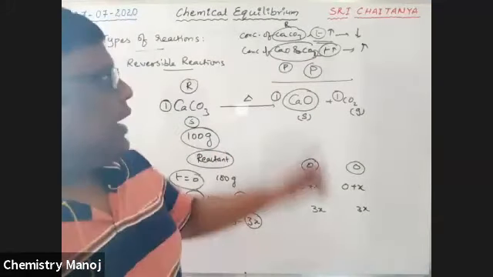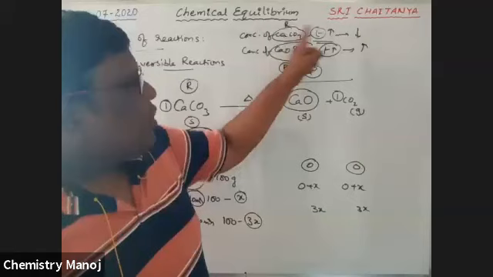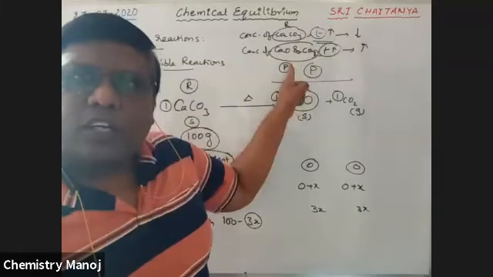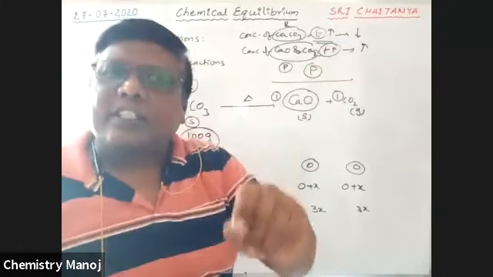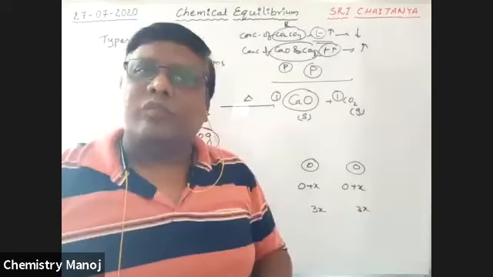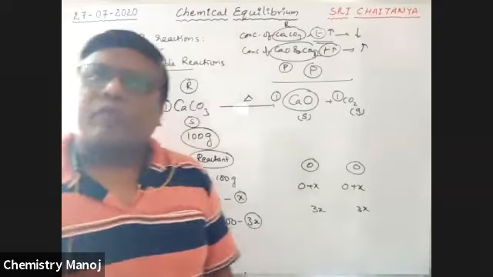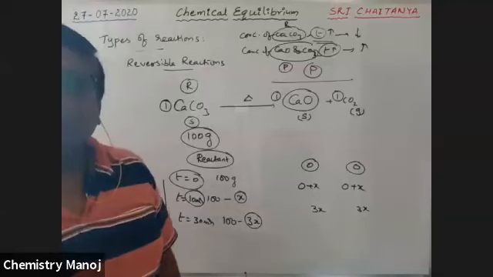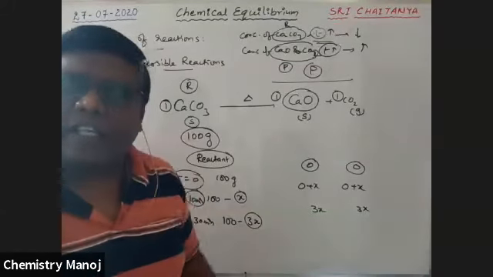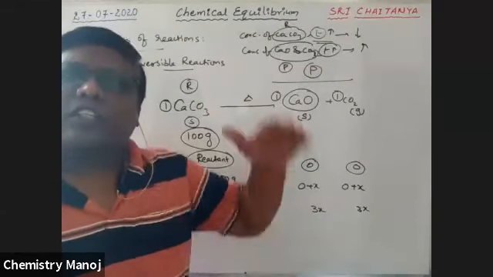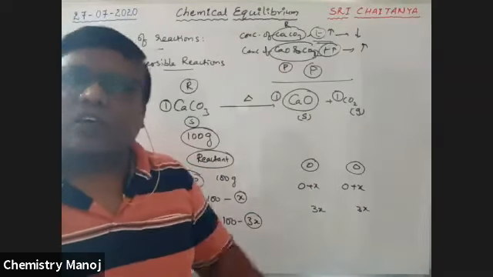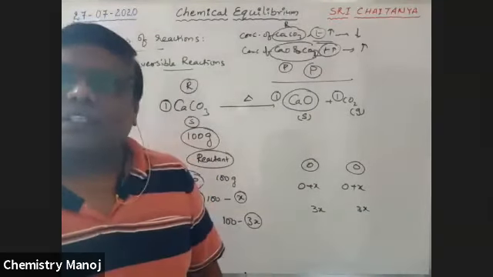Therefore, as time increases, reactant concentration gradually decreases and products concentration gradually increases. That is the statement I already told you. Now is this clear?